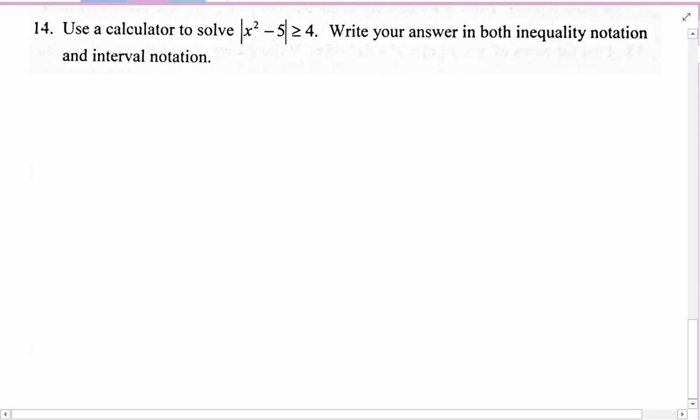Use a calculator to solve the absolute value of x squared minus 5 greater than or equal to 4. Write your answer in both inequality notation and interval notation.